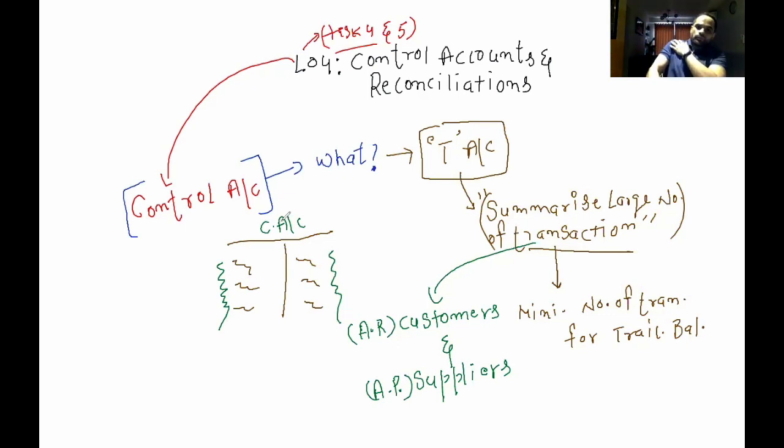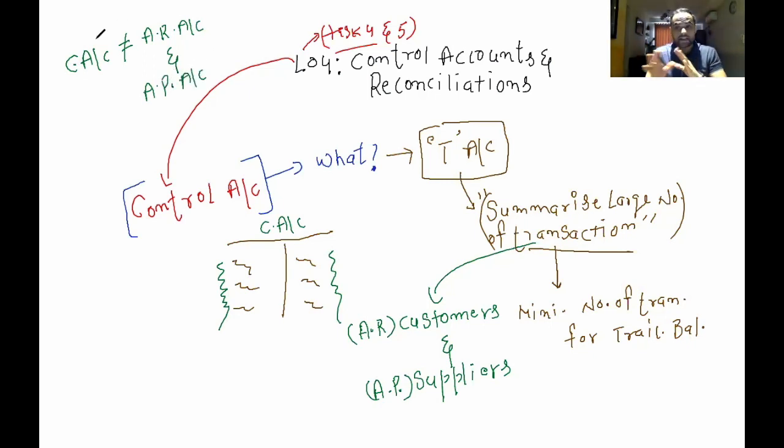So remember, a control account is different from the accounts receivable accounts and accounts payable accounts. Of course, both are T accounts, but they are different from each other. What's the difference?